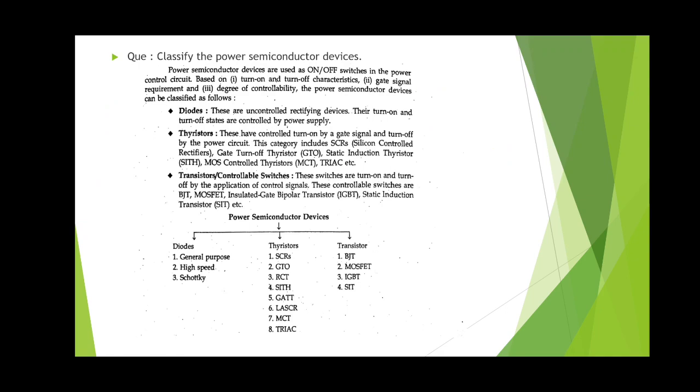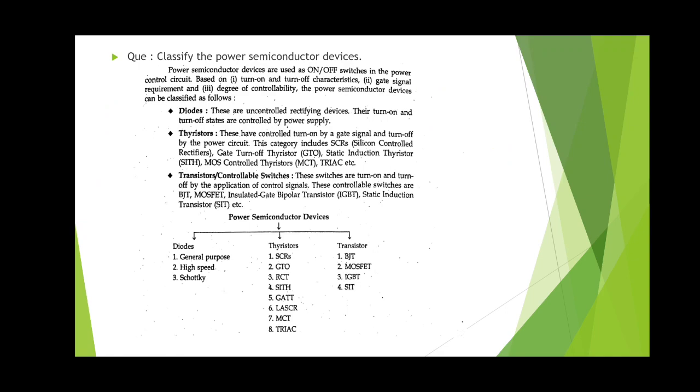Power semiconductor devices are used as on off switches in the power control circuits. Control of different processes is achieved by on off control, meaning the device used for controlling can be in the on state or in the off state.